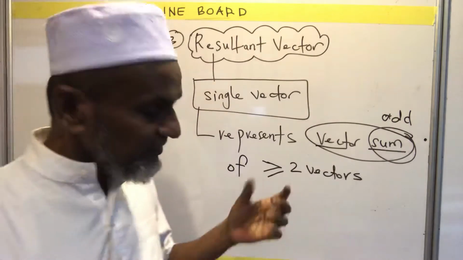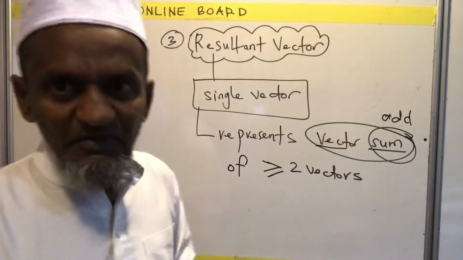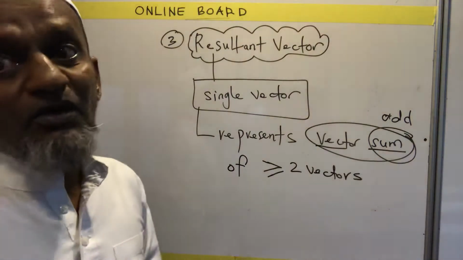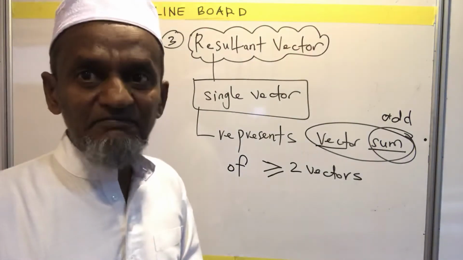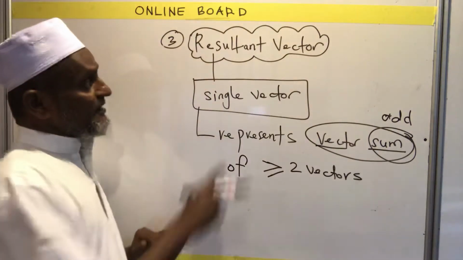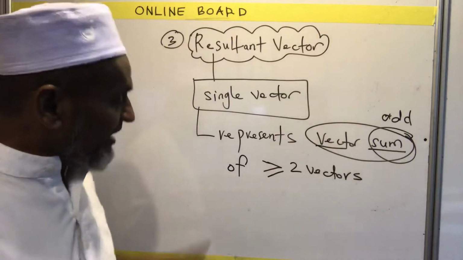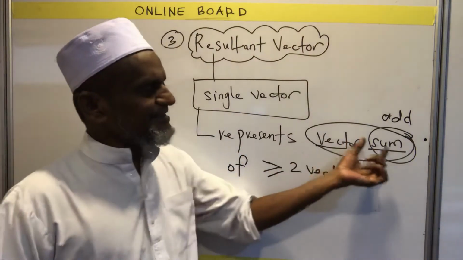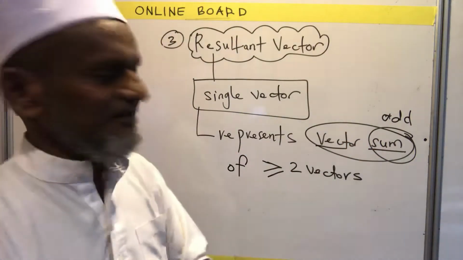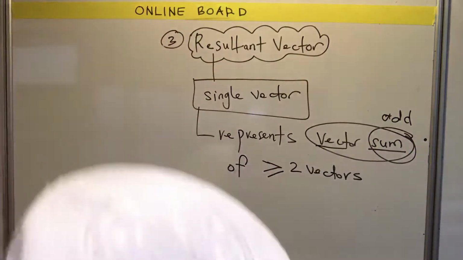I repeat, in some cases adding vectors is the same as adding numbers, only in some cases. In some other cases it is different. So I repeat again, a resultant vector is a single vector, one vector that represents the vector sum. You add a few vectors, two vectors or more than two vectors.